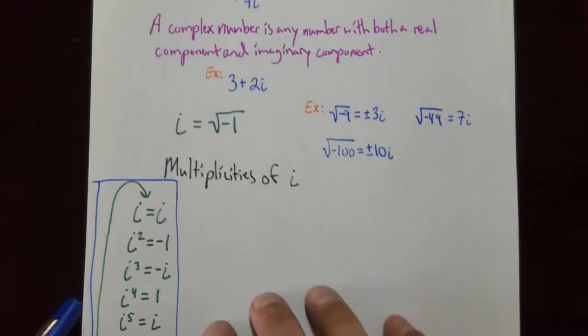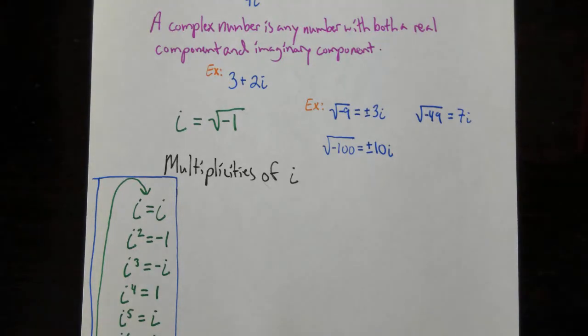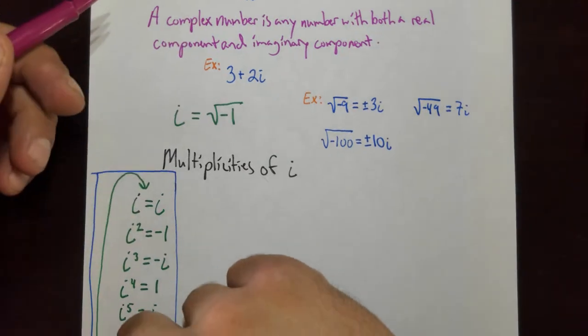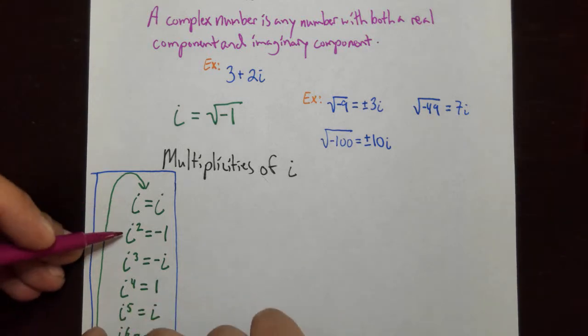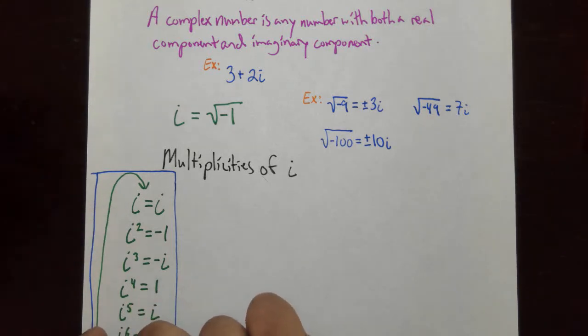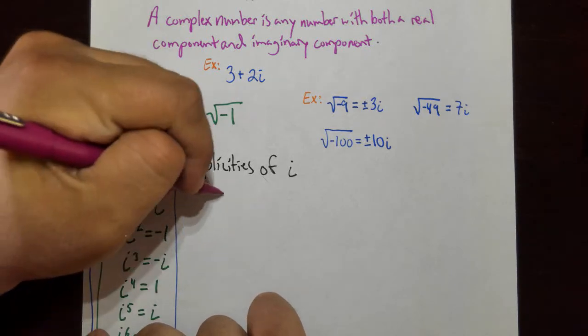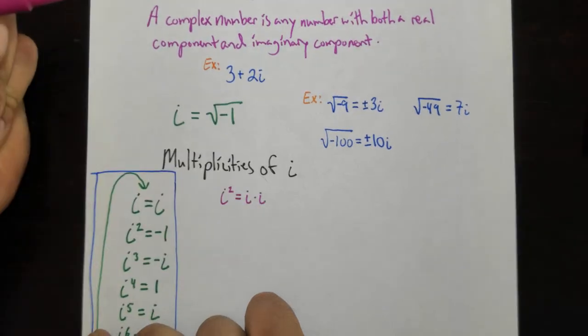Well, let's think about this. Let's see, what color should I use? I'll use this. I don't know the names of my colors. Okay. So i squared I claim to be negative 1. Well, I know i is the square root of negative 1. So i squared is really i times i, isn't it?